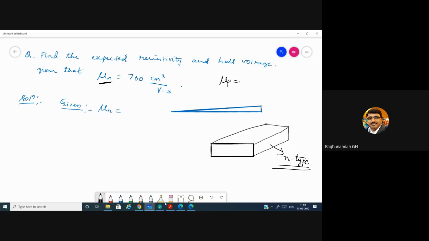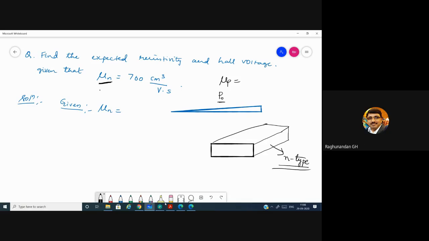And when you consider a P-type material, you should consider P naught. Wherever you take the electron and hole concentration, there you should consider only hole concentration. Since now it is mu n, what you should consider? P naught?